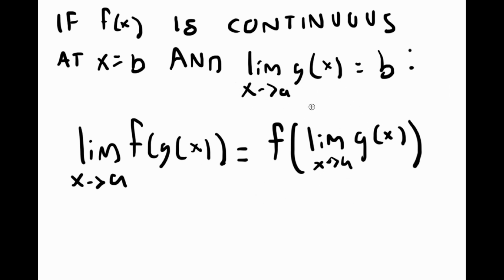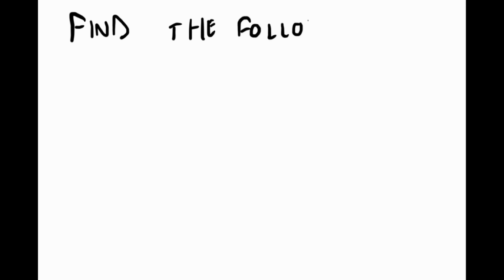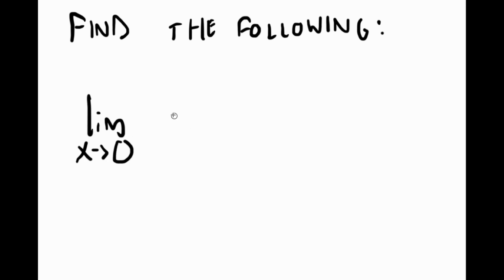And basically, we've actually seen this rule in a previous video before. It was for a log function, I believe. But we can use this for a messy limit that might look intimidating. For example, find the following: the limit as x approaches 0 of e to the sine of x.